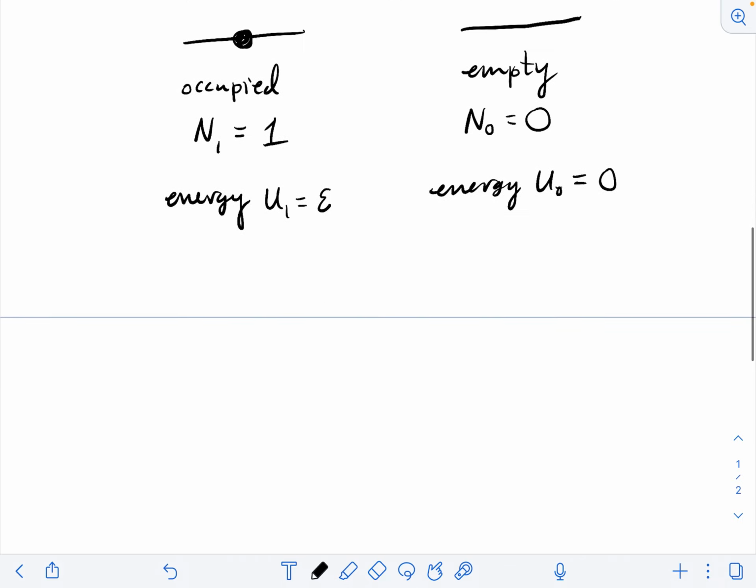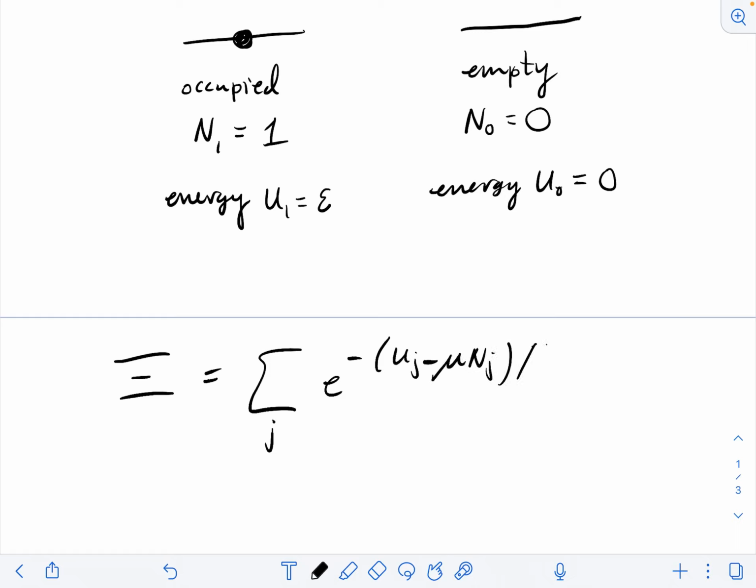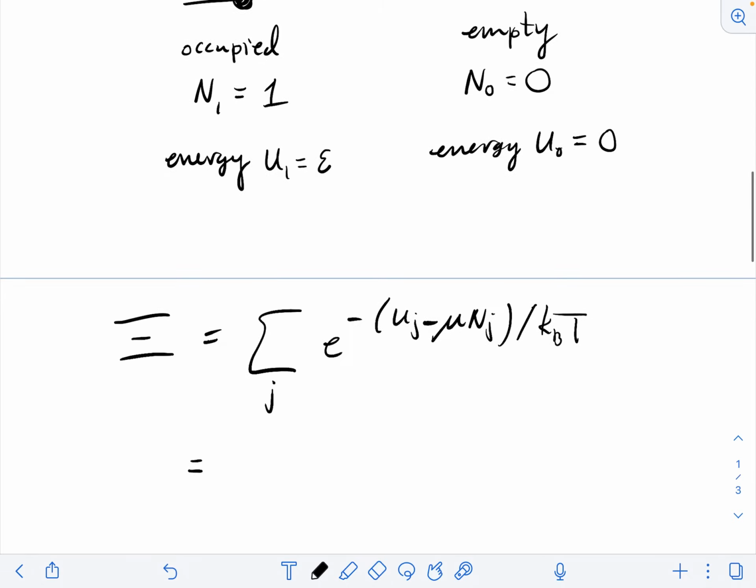So if we were to calculate the grand partition function, what we would do is sum over all of the possible states. In this case, it's relatively simple because there's only 2 states. Either the level is occupied or it's unoccupied. So in general, this grand partition function takes the following form. And in this specific case, there's only two terms.